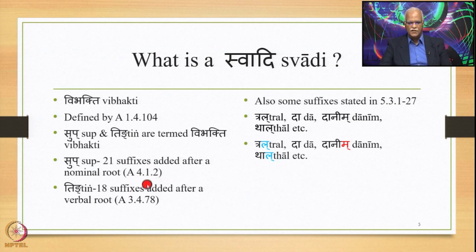and swadi sandhi is the sandhi that takes place of these suffixes when they come into the contact of the other pada. So, swadi sandhi primarily refers to the external sandhi which happens between two padas, mainly between a subanta and the next pada, be it a subanta or a tinganta.